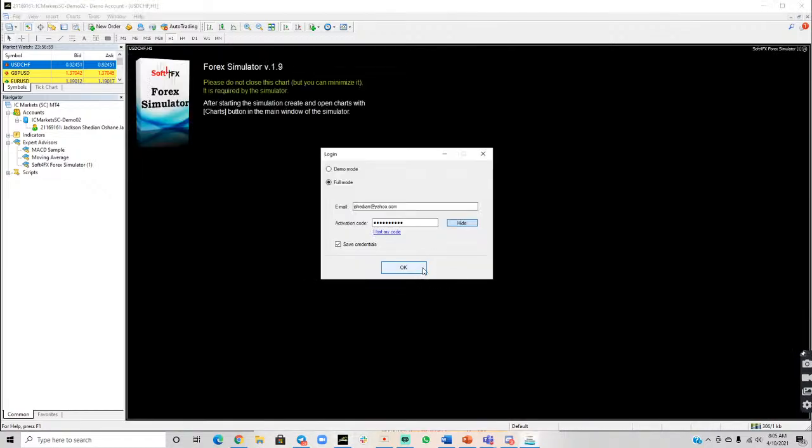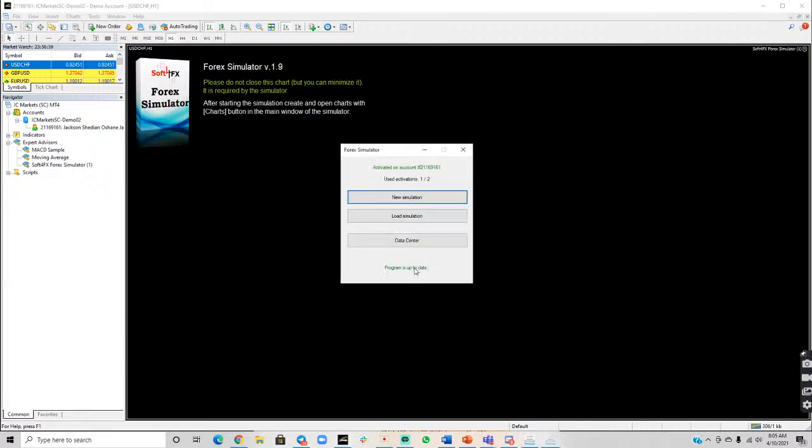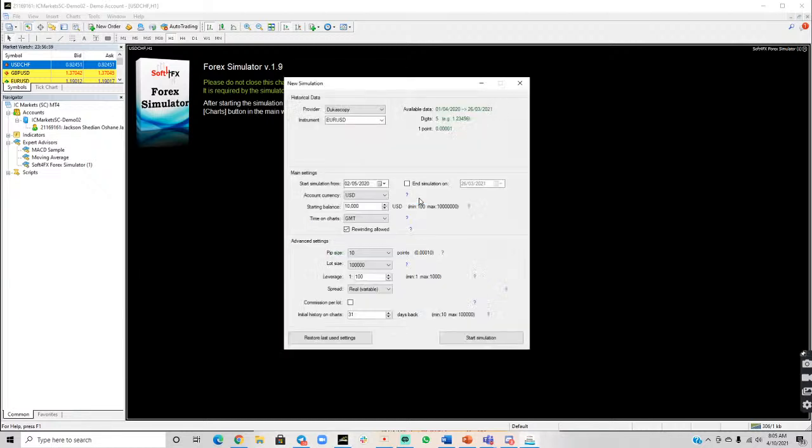All right, so this morning we'll be doing a simulation on the GBP. I'm going to start from 2020, because I want to stay in the most recent market.